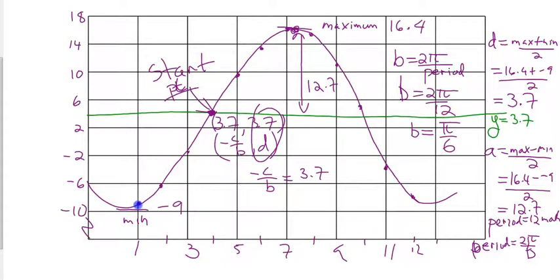This 3.7, not that 3.7, the x value. So negative c is equal to 3.7 times b, and c will equal negative 3.7b, which is negative 3.7 pi over 6. It's just negative 3.7 times that.